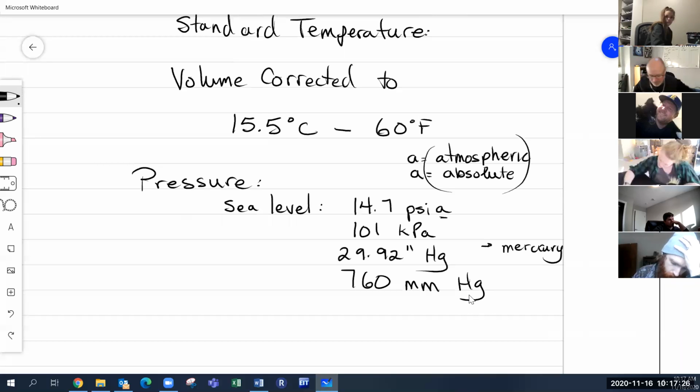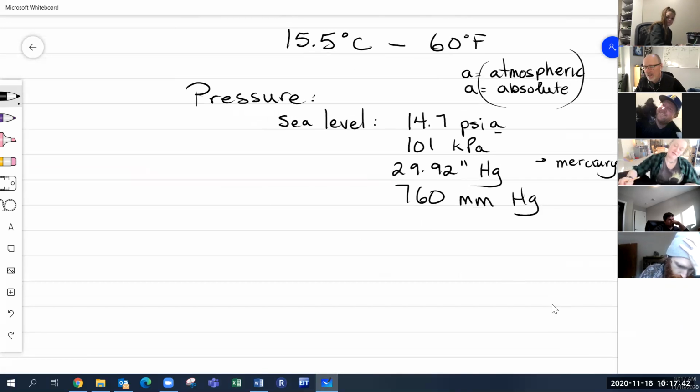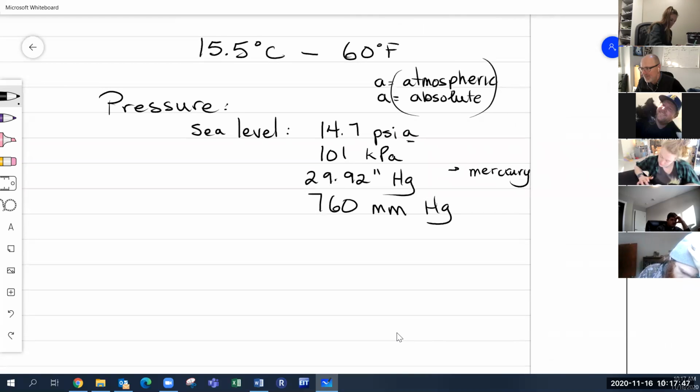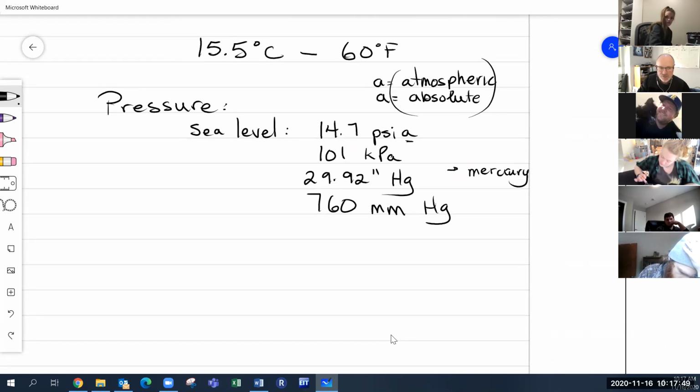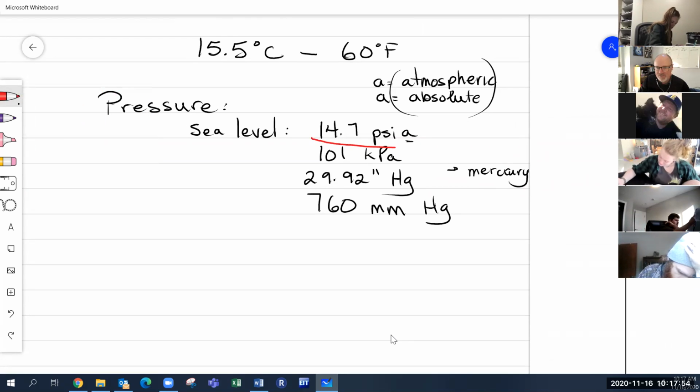Now, it's really tough for me to put that out there without giving a little bit of an explanation on how we come up with that number. So we're going to do a little sidebar on how we get this pressure, because this is the weight of the atmosphere that is exerted on us at sea level.